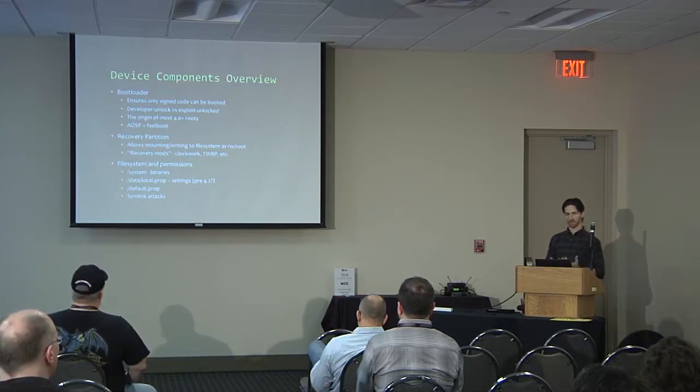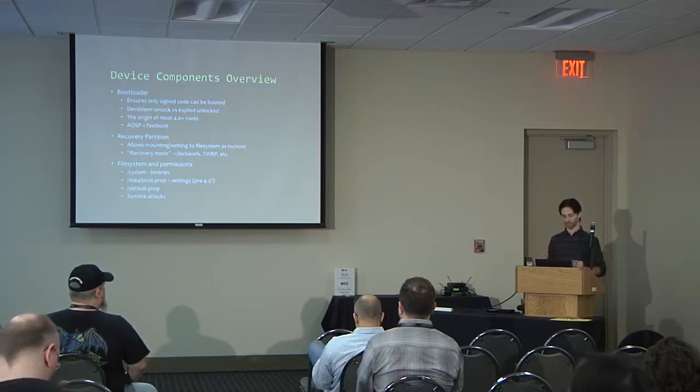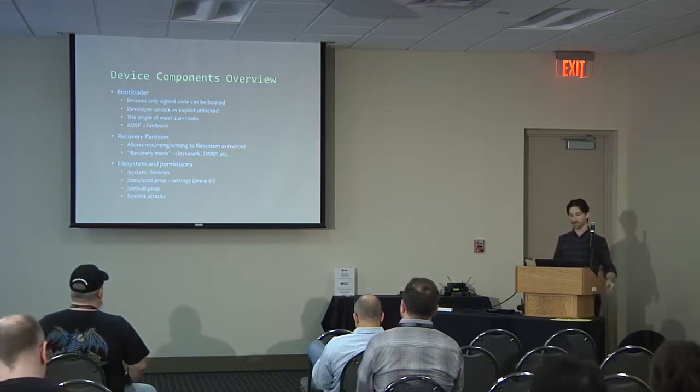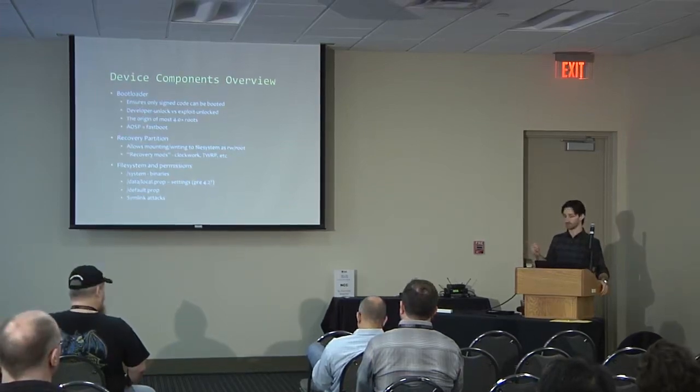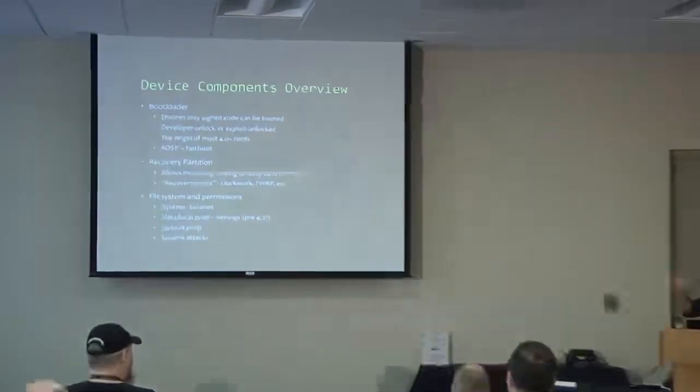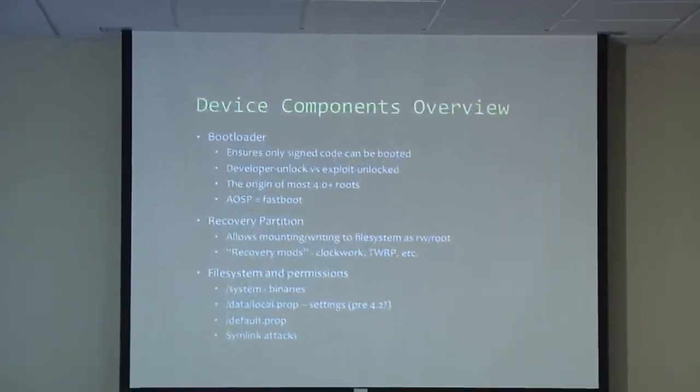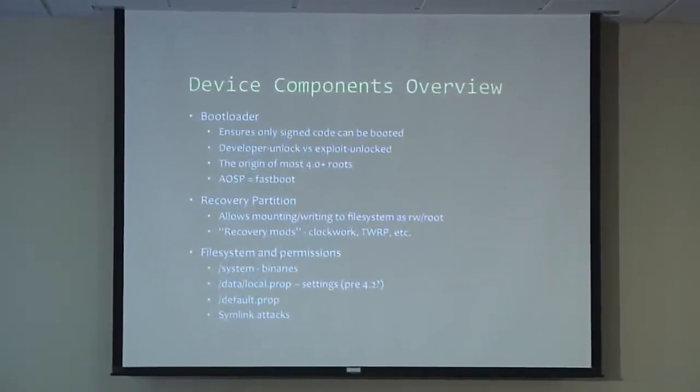There are 2 ways to unlock the bootloader to stop it from requiring that signed code, which is what you want if you're installing a custom ROM or doing anything to modify the device. There's developer unlocking and exploit unlocking. Developer unlocking is a term and exploit unlocking is not, but I'll define them as we go. And that's where we've been seeing a lot of 4.0 roots come from.